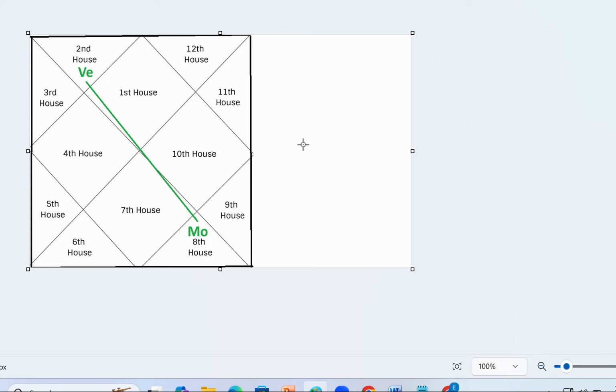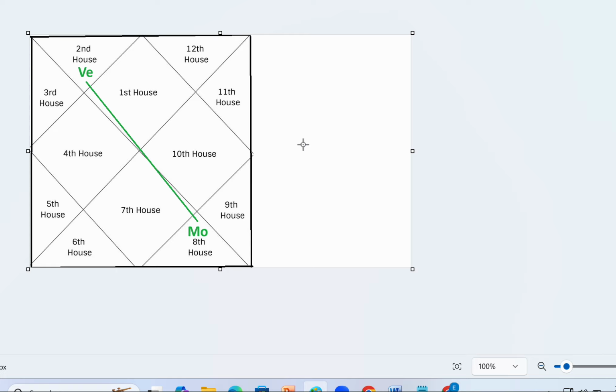Now tell me what will happen. Can I say that the finances will get affected because the second house is finance, Venus is finance? Can I say that there will be family discord? Triple F. Face.